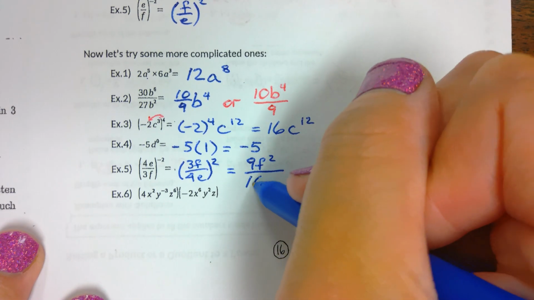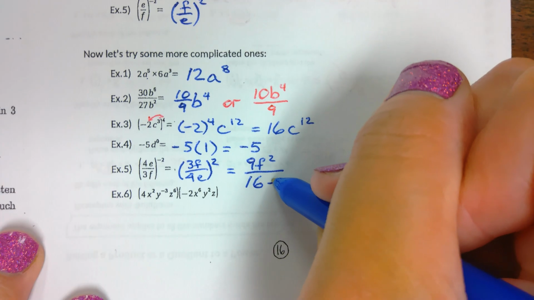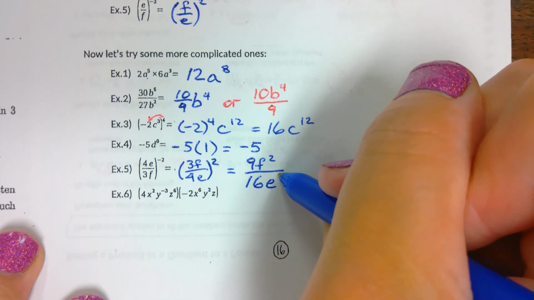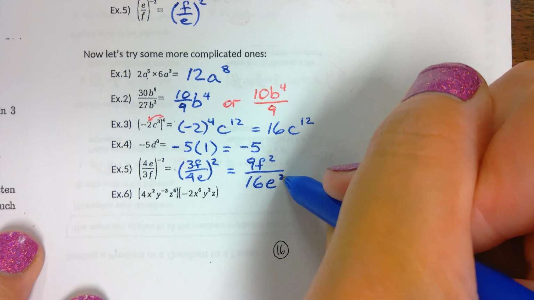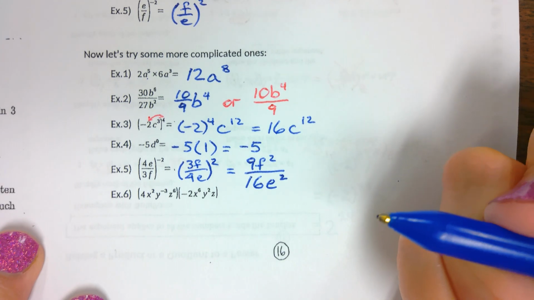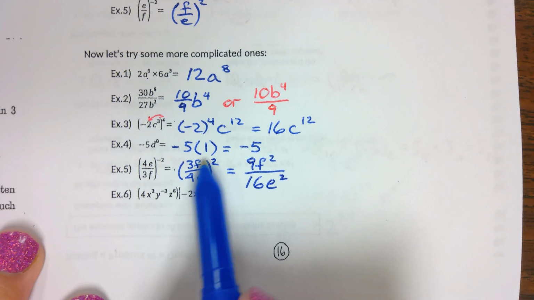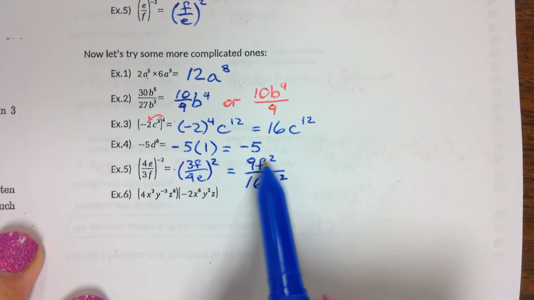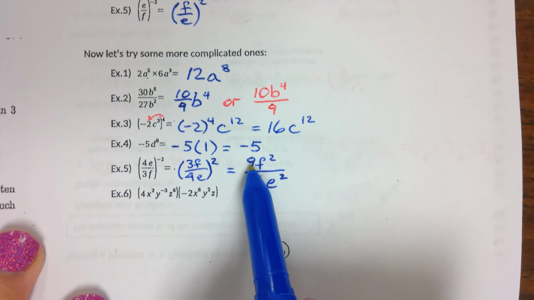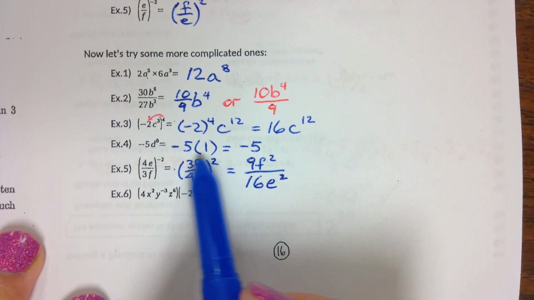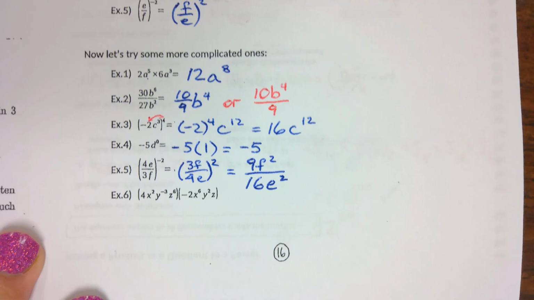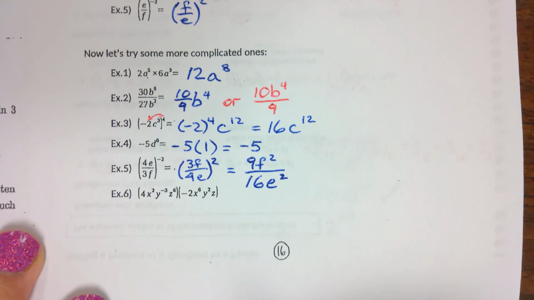Yes, 16 what? e squared. Right? All right. Remember, your square applies to everything inside that bracket because there's brackets. A lot of people write 3f squared. They keep forgetting to apply the exponent to the coefficient.